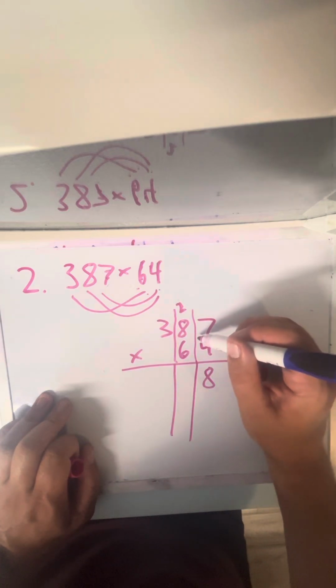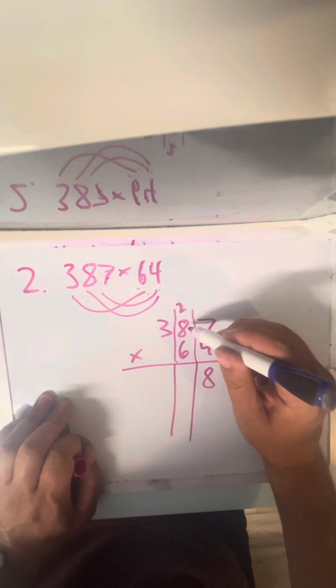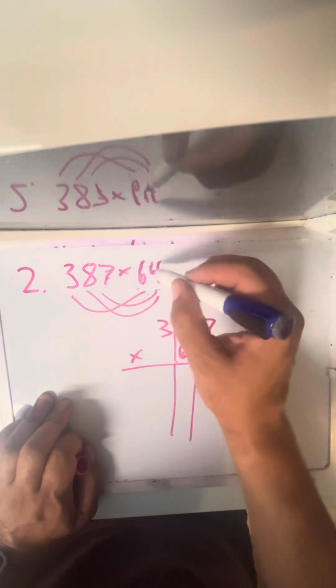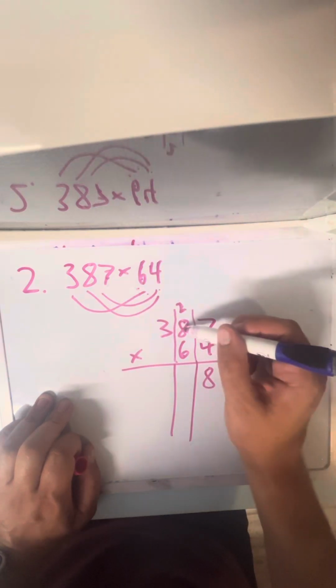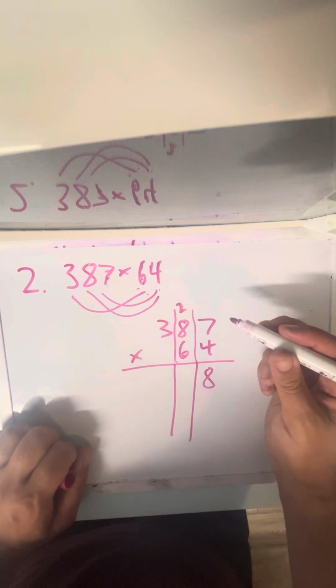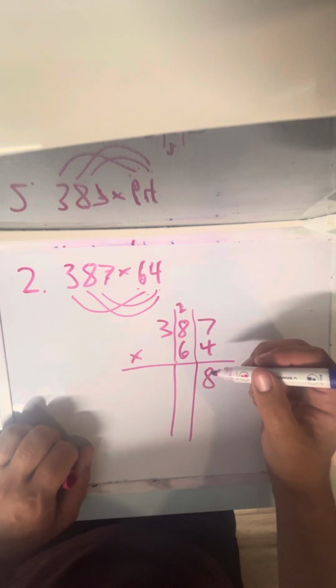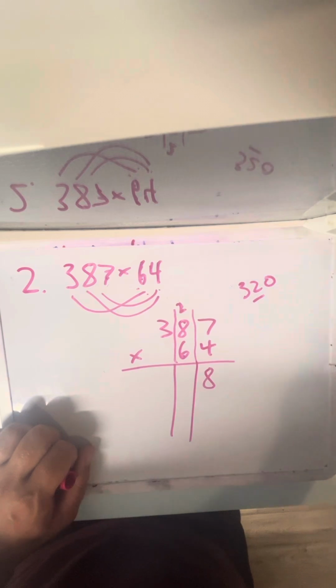Now I'm going to take my 4 and multiply it by the tens, the 80. 4 times 80 I know is 320.